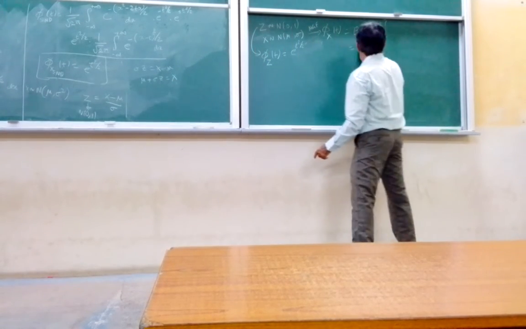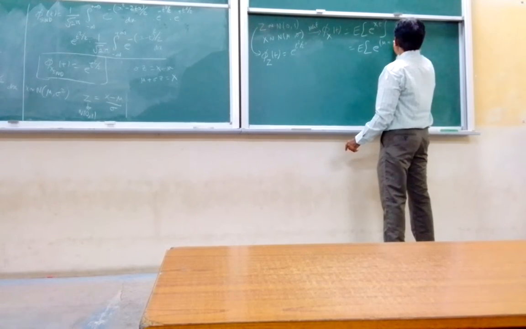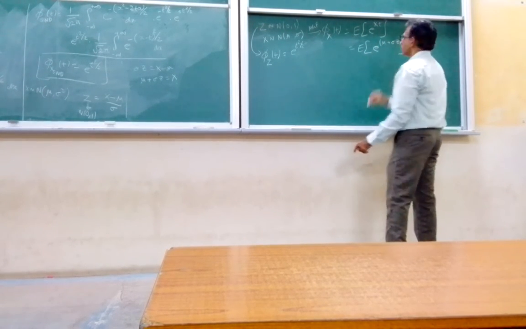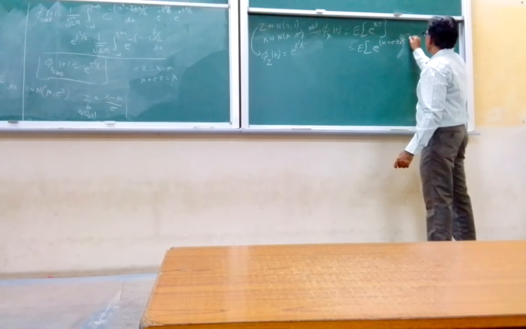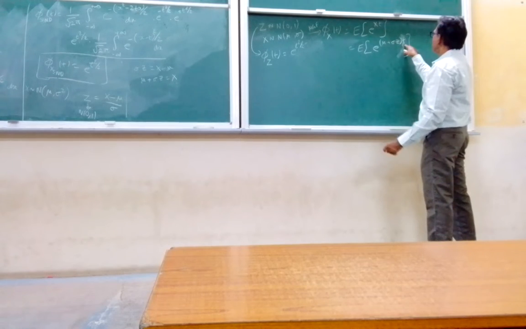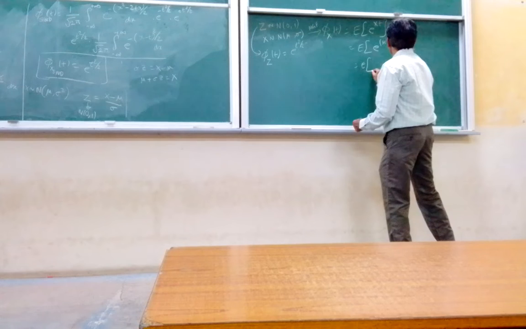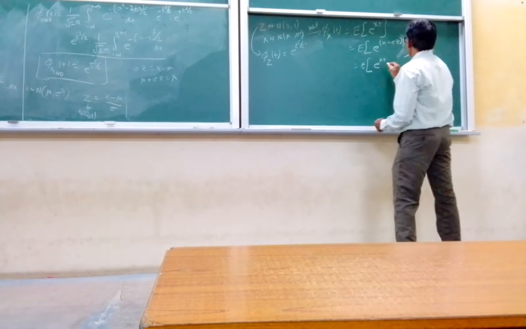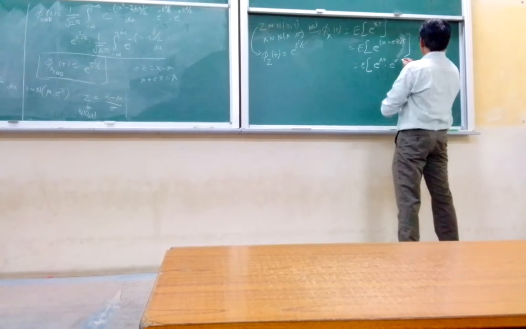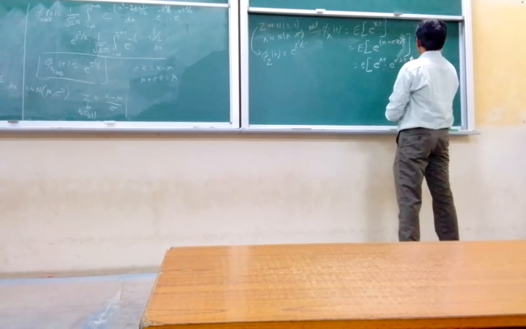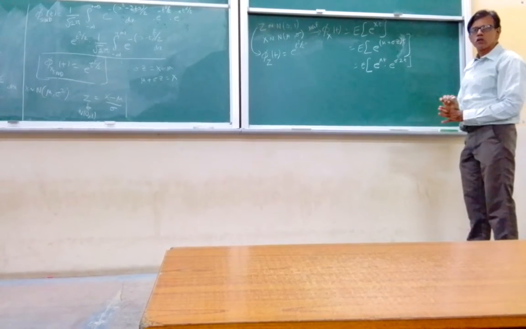So in place of x I can put mu plus sigma z into t. So that is what we get.